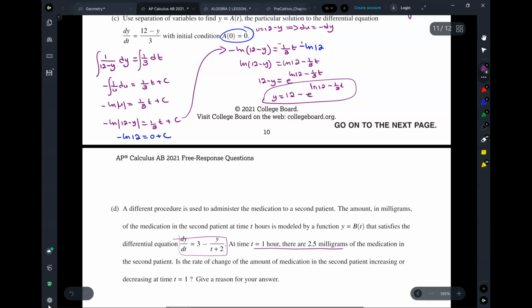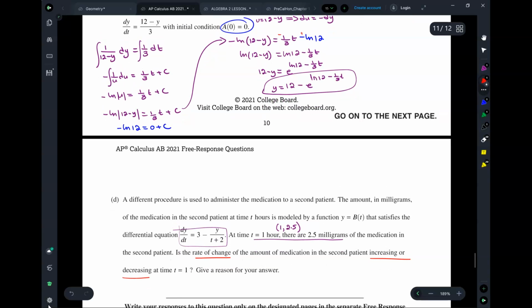So that's the initial condition there: 1 comma 2.5. Here's the question now: is the rate of change of the amount of medication in the second patient increasing or decreasing at t equals 1? Where is the rate of change? This. Is it increasing or decreasing?